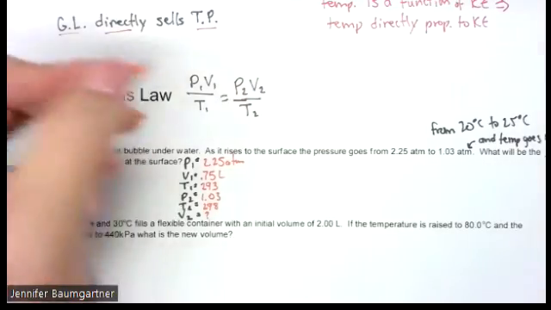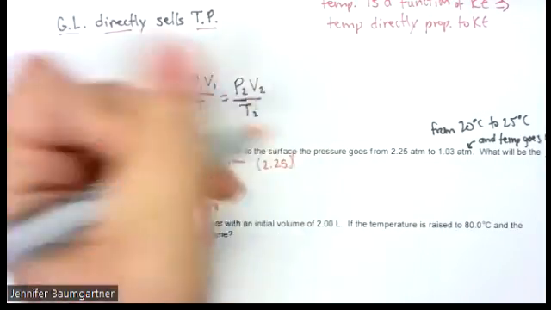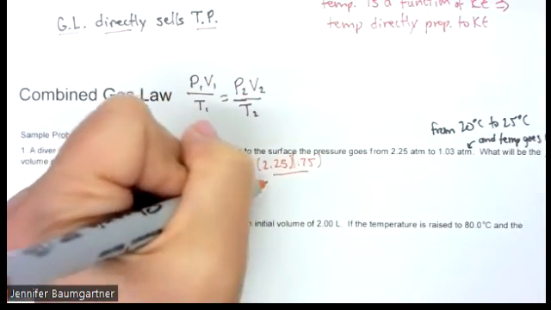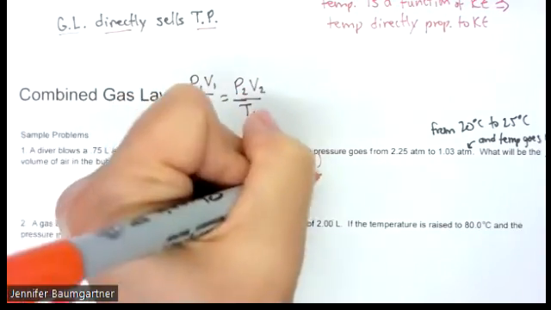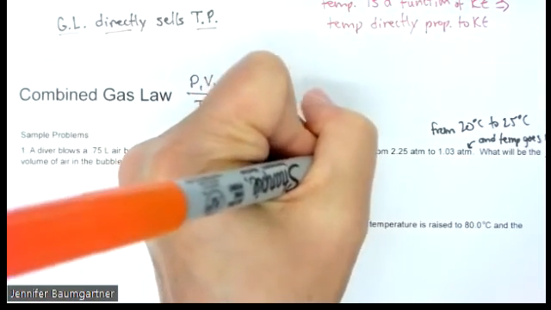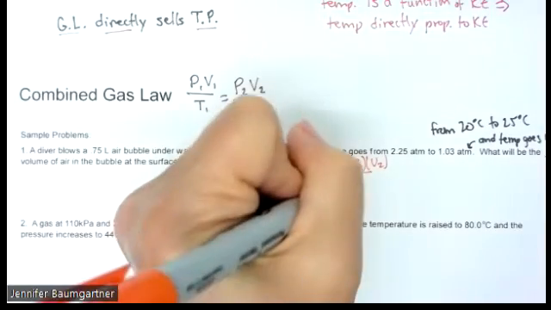So when I plug my numbers in, I get 2.25 times 0.75 over 293 equals 1.03 times V2 over 298.